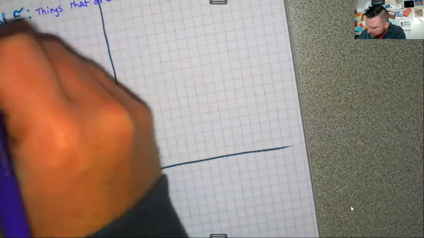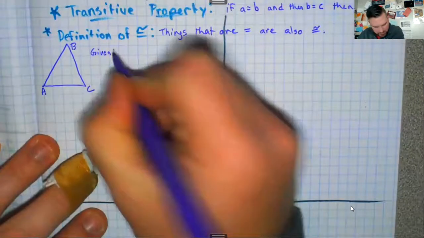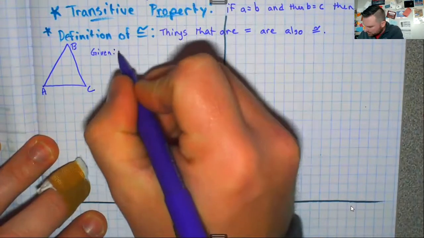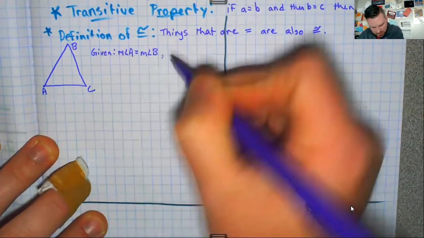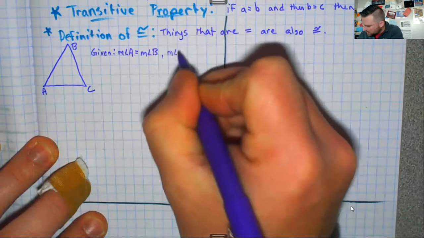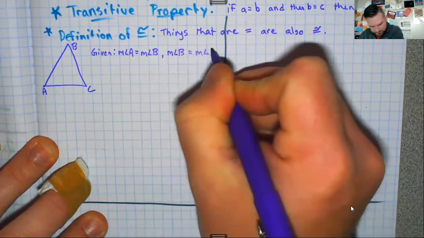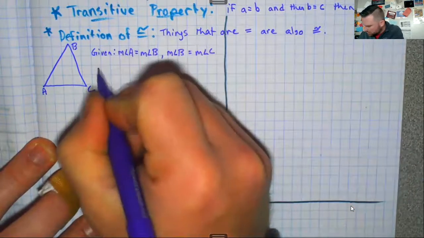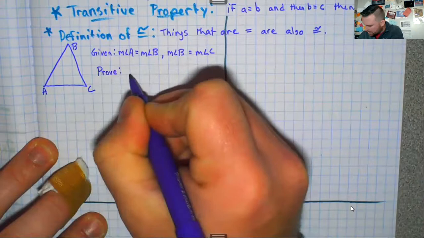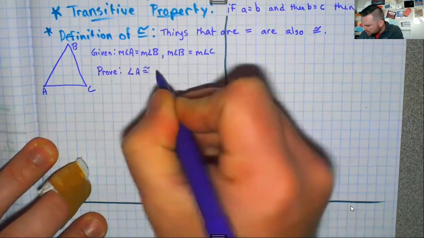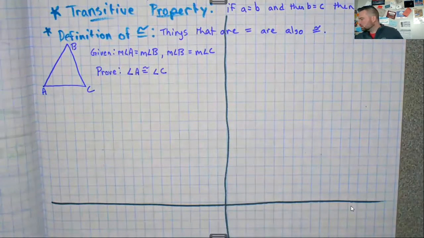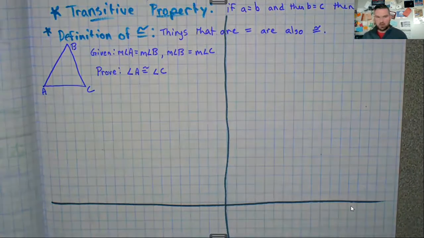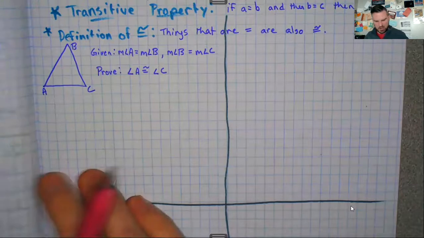And it says you are given that the measure of angle A equals the measure of angle B, and the measure of angle B equals the measure of angle C. And you need to prove that angle A is congruent to angle C. Okay, I'm starting off here with a really easy one, in hopes that we can kind of make sense of how to run a proof.